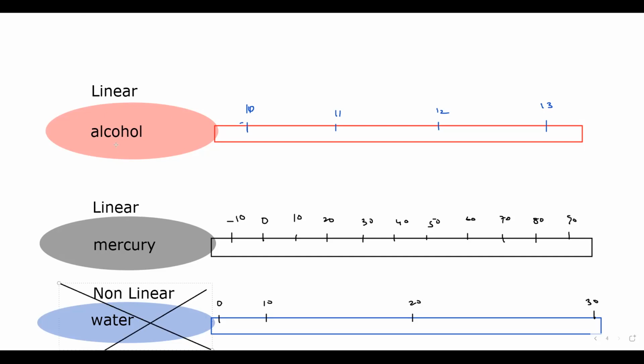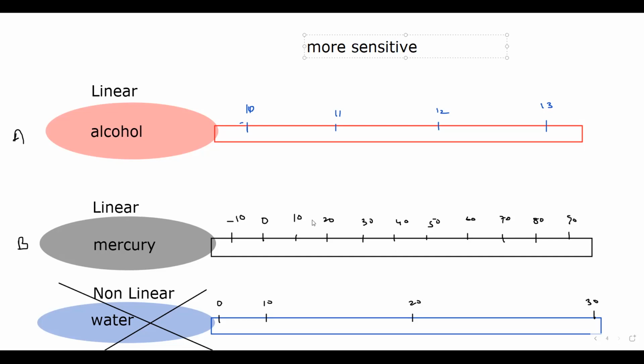Now, when I compare alcohol and mercury, which thermometer is more sensitive? I'm just talking about the two of them. Sensitivity refers to the spacing between the markings. If there's a greater spacing between the 1 degree marks, it means that it is more sensitive.